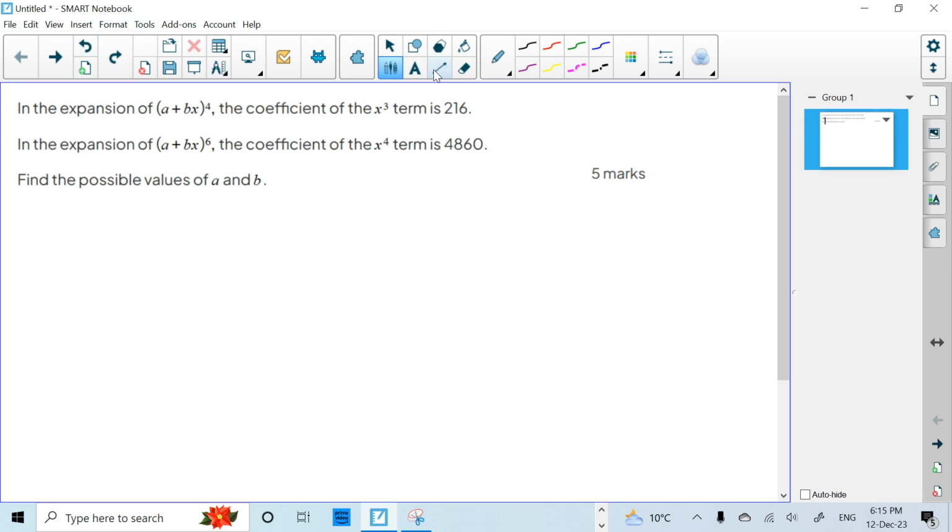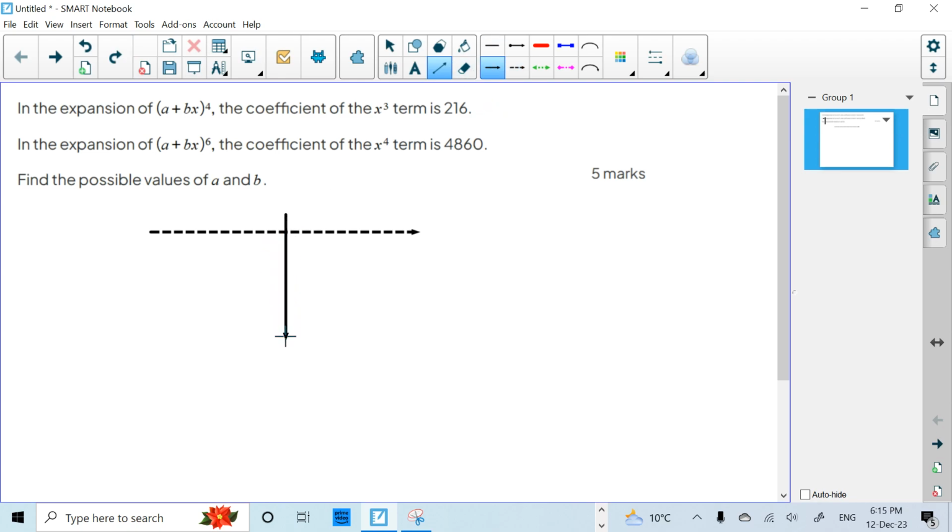Let's use a line to split it up, and we can now go back to our pen, and this is number 1 and number 2.